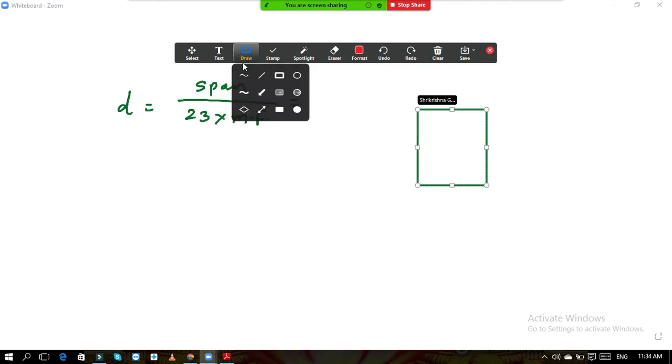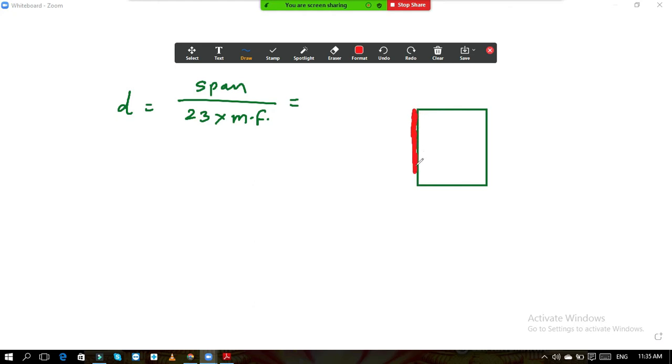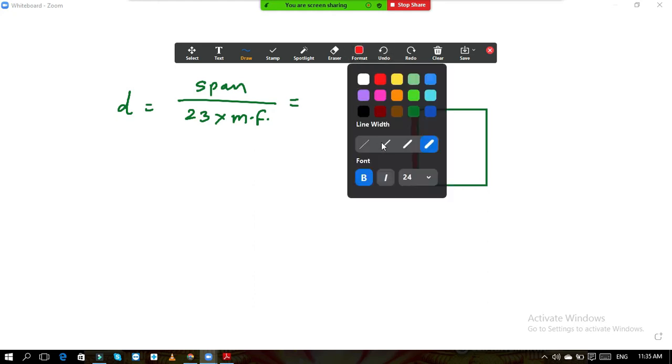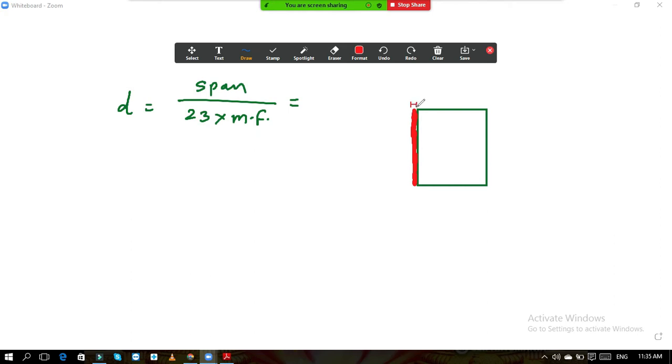At the end the support is there, here at this end the wall is there. So what is the width of this wall? The width of this wall is 0.15 meter.